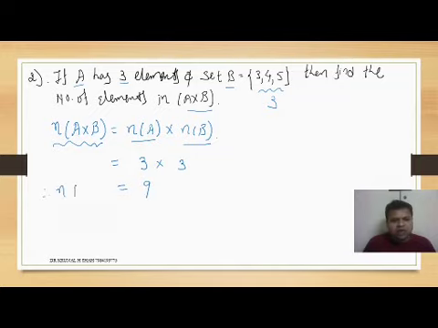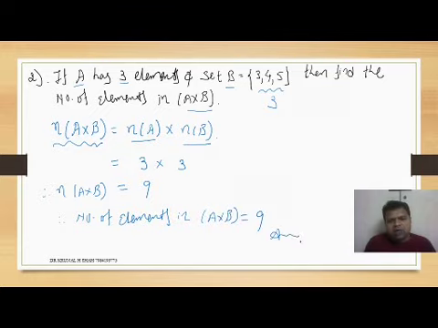Therefore, n of A cross B equals 9. Therefore, number of elements in A cross B equals 9. This is your, my, everyone's answer. Any doubt in this? Sure, make a note.